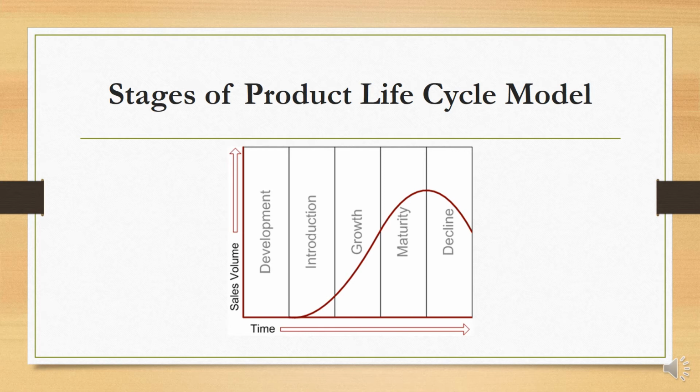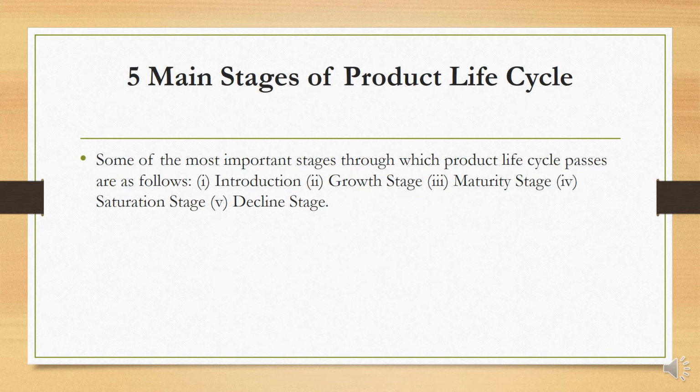The line shows all the stages gradually. Here we briefly explain the 5 stages of the product life cycle model.